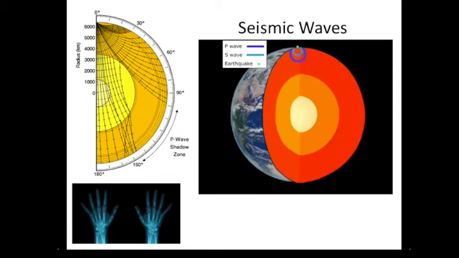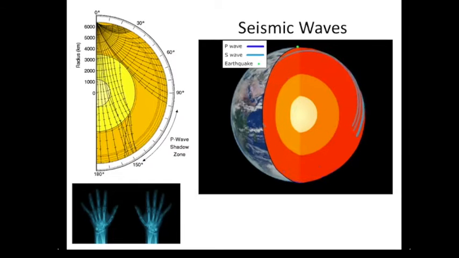Those waves vibrate through the layers. And if you know anything about physics, the waves change when they go through solids or more dense solids or liquids. And we see that the waves actually slow down when they hit the outer core.